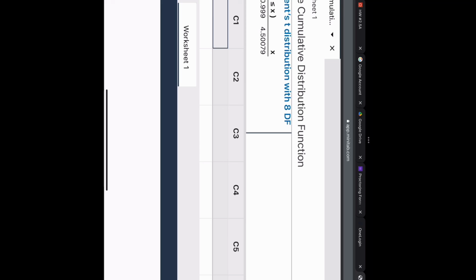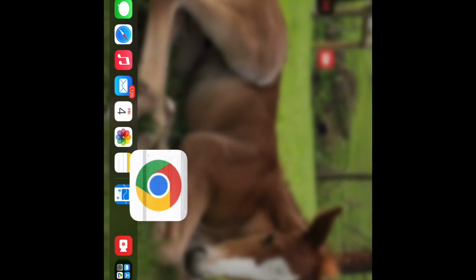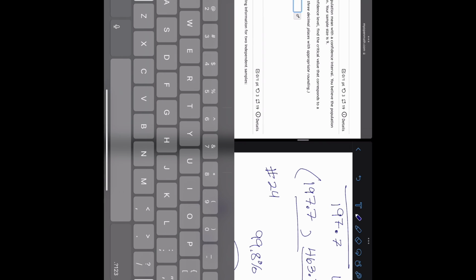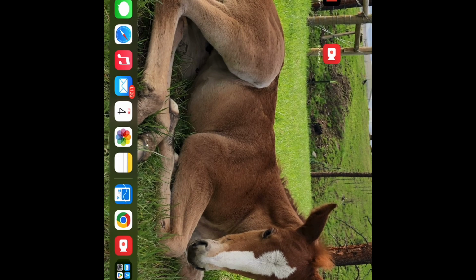And it's 4.50079. So 4.501, accurate to 3 decimal places. There we go. Doing it on the calculator, I'll go ahead and show you that as well.